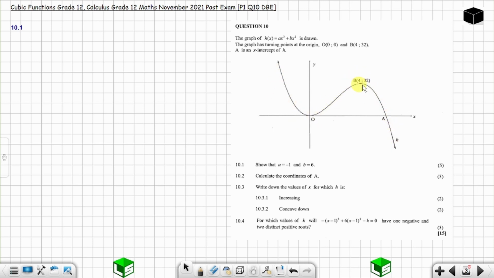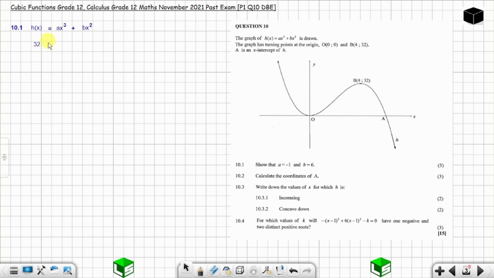So we can use this point B. You have the coordinates of point B, 4 and 32. We can use this point to create our first equation. 4 is your x coordinate and 32 is your y coordinate. h of x is y, so it's going to be 32.